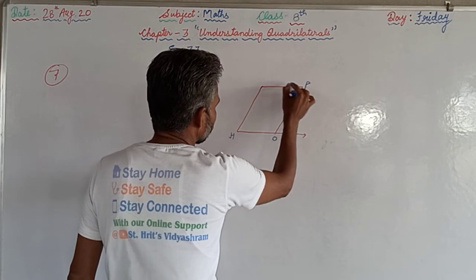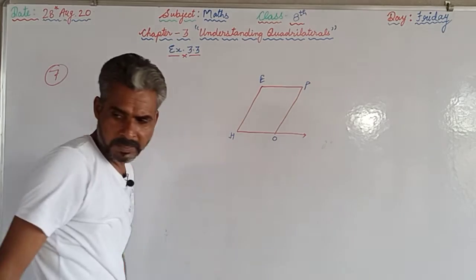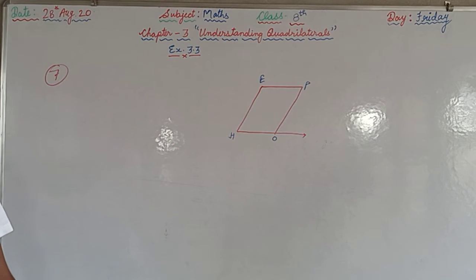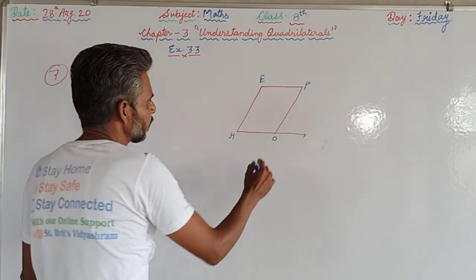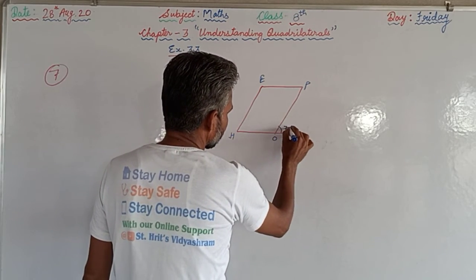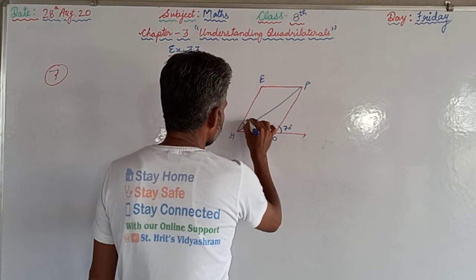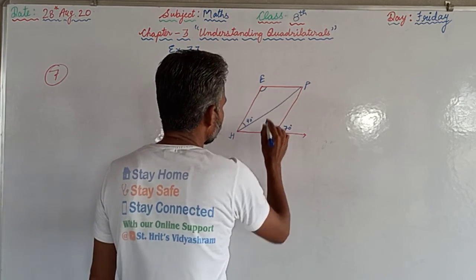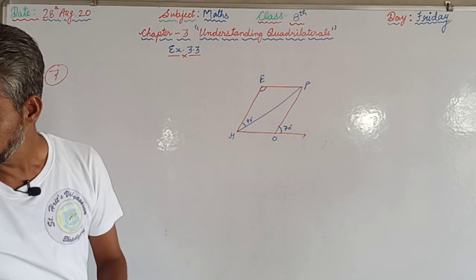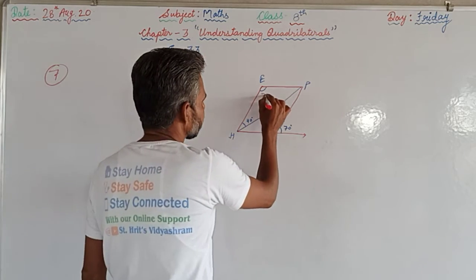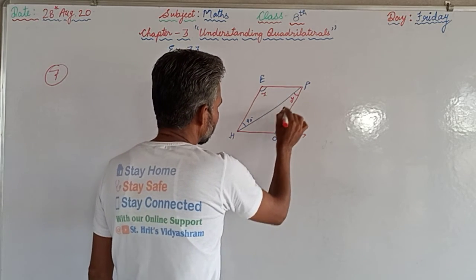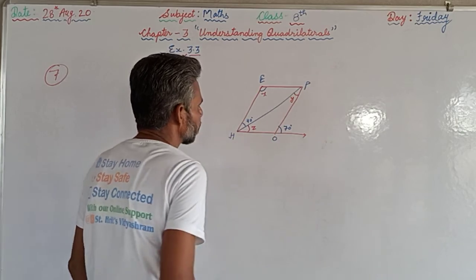Some of the angles are given, that is 70 degrees, and this is given 40 degrees, and the remaining angles we are supposed to find, that is X, Y and Z.